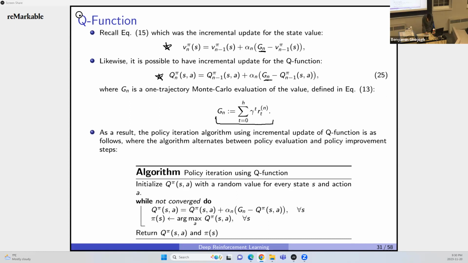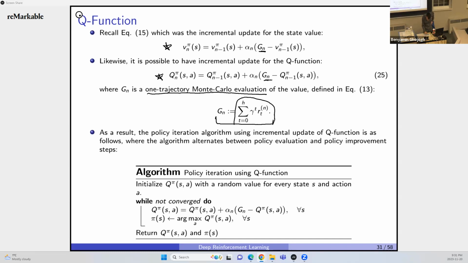When I say one trajectory Monte Carlo evaluation, do you know why? Because do you remember in Monte Carlo approximation, I had an average of some stuff over N multiple runs? This is only one run in the Monte Carlo evaluation.